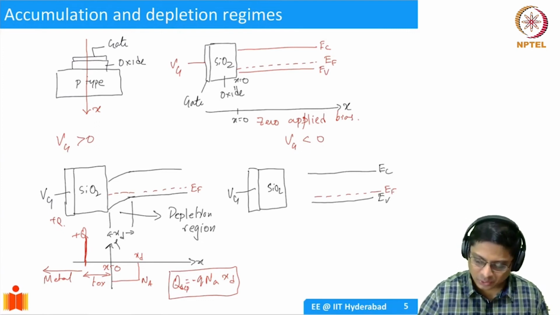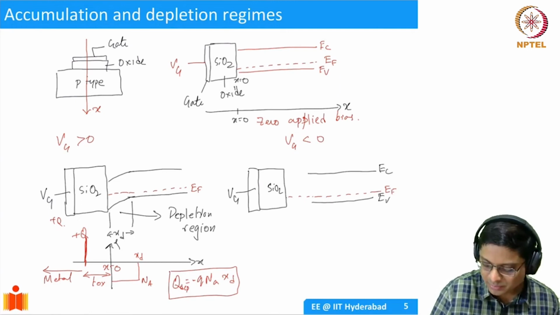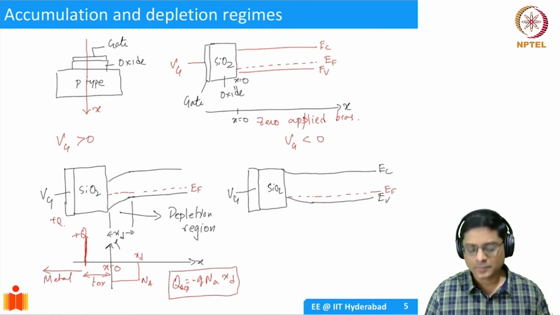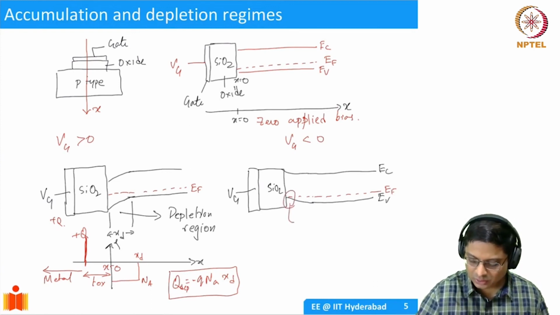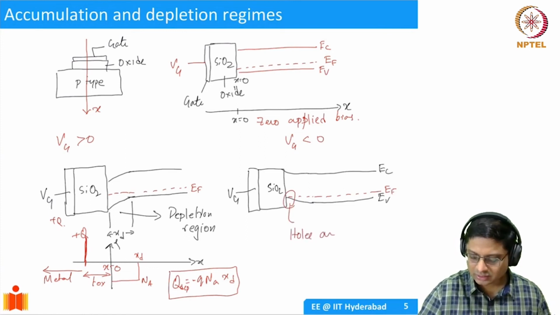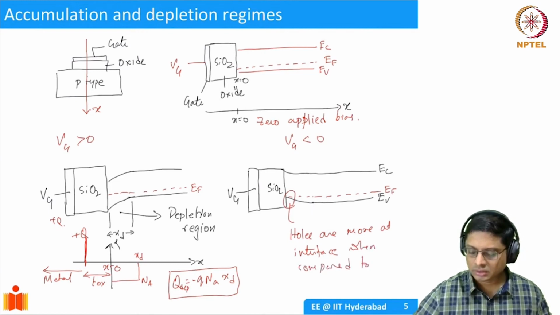How will you represent more holes at the interface? Well, the Fermi level is still the same since it's equilibrium. Now, the bands will bend upwards. Okay. This is indicating holes are more at interface when compared to holes in bulk.